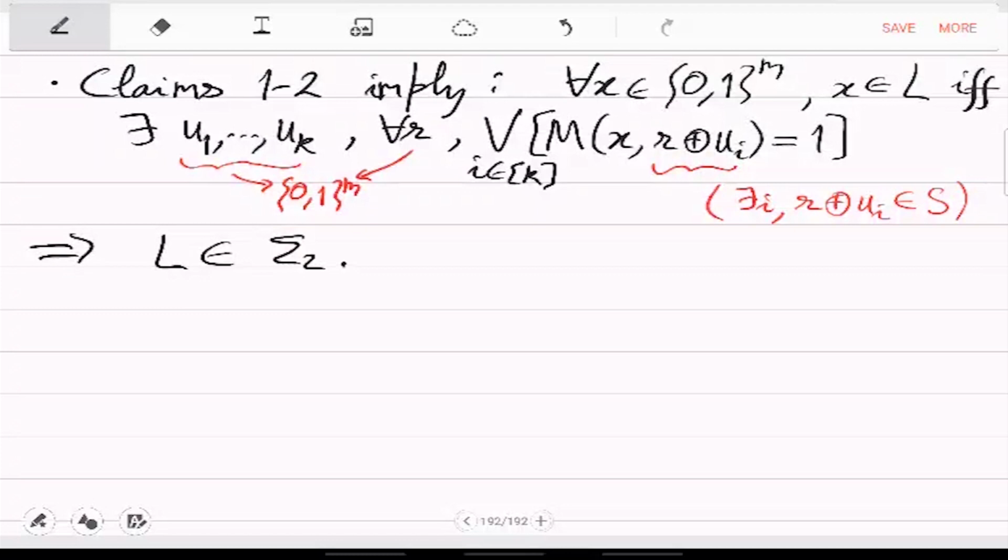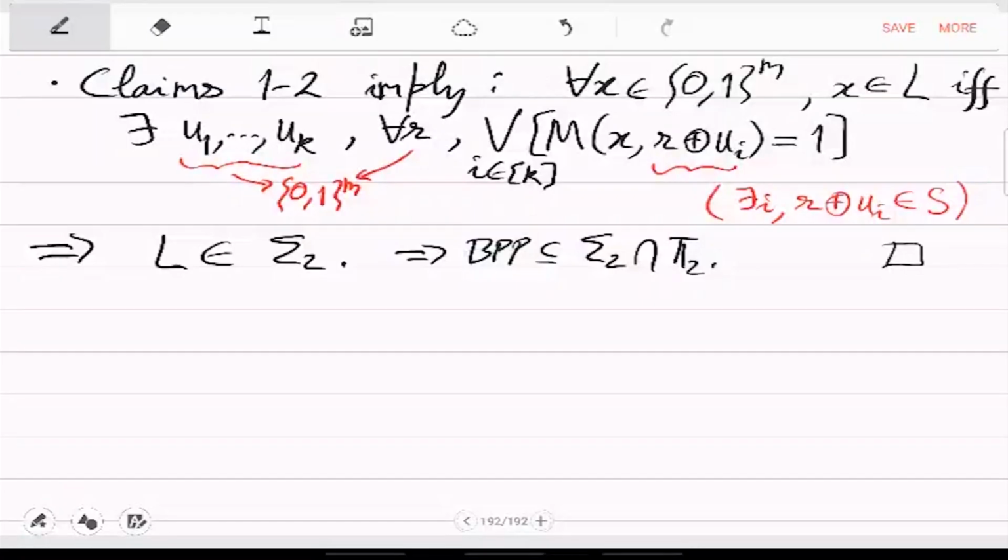Right. So L is in sigma 2, which means that BPP is in the intersection. Okay, so that finishes the Sipser-Gács theorem.